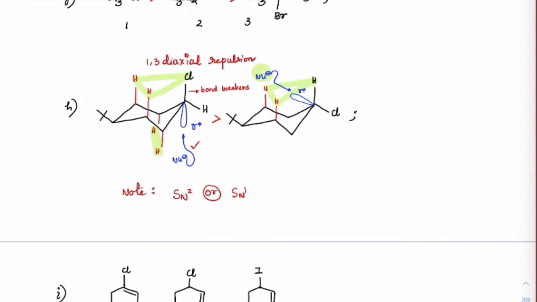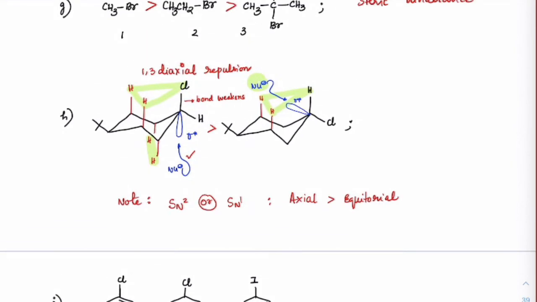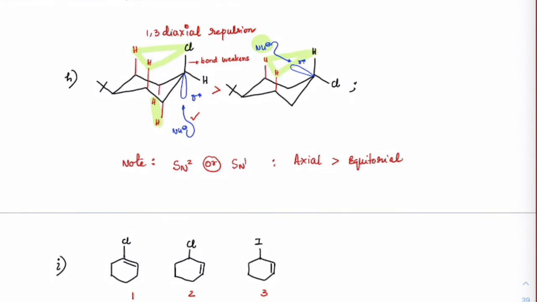So SN1 or SN2, in both the cases, axial substitution will have more rate compared to that of equatorial case. Axial will have better rate compared to equatorial. I hope all of you understood that. Please make a note.